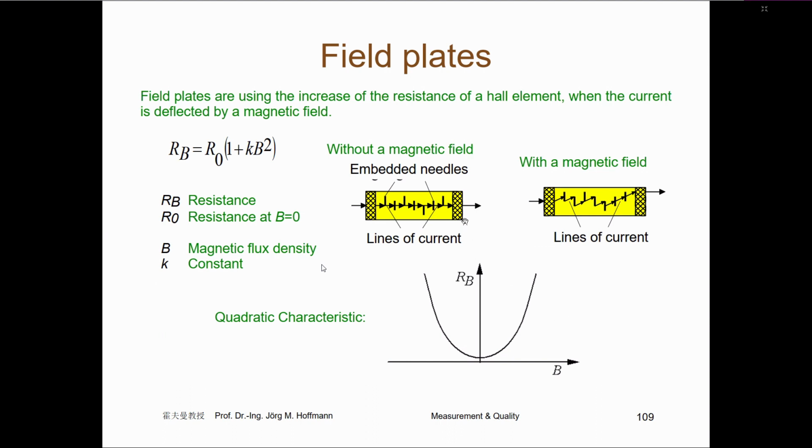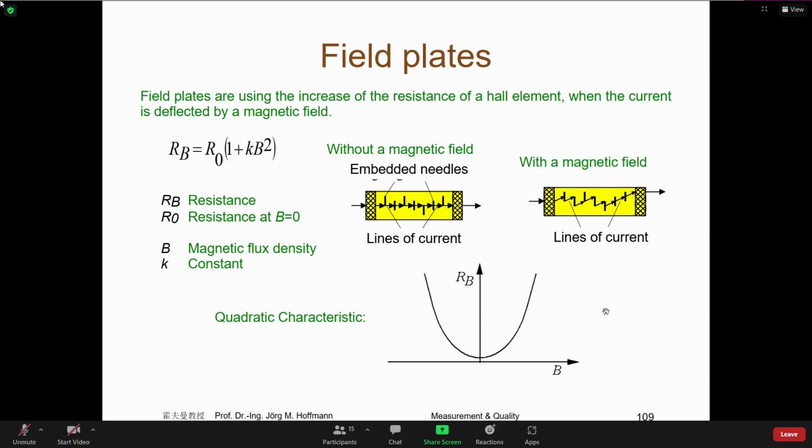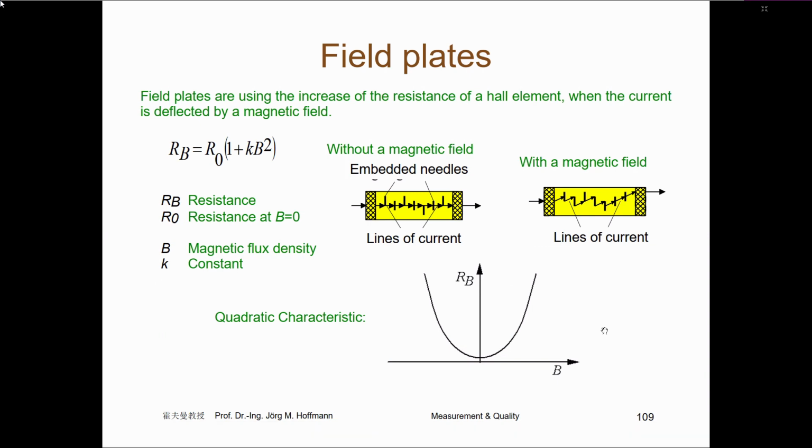But these elements are extremely cheap, and when you use it, for example, that you would like to know what is the biggest magnetic field on a trafo also, then you can use these field plates.